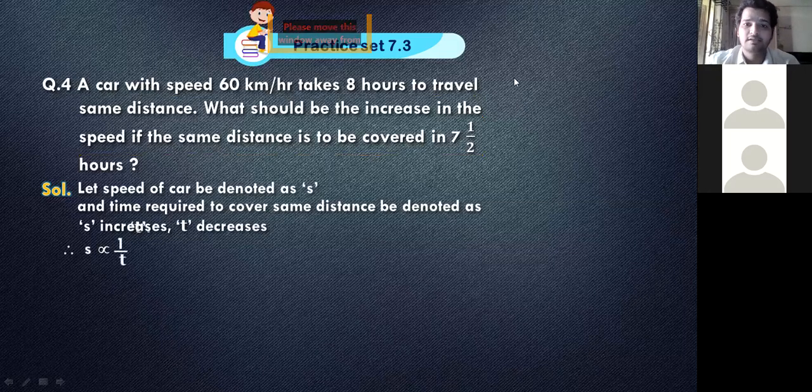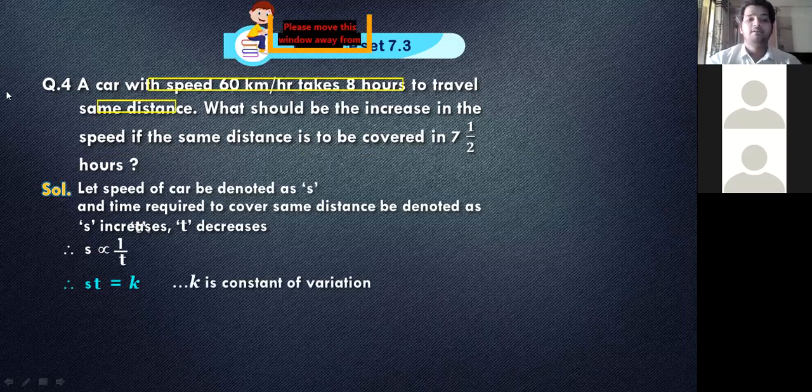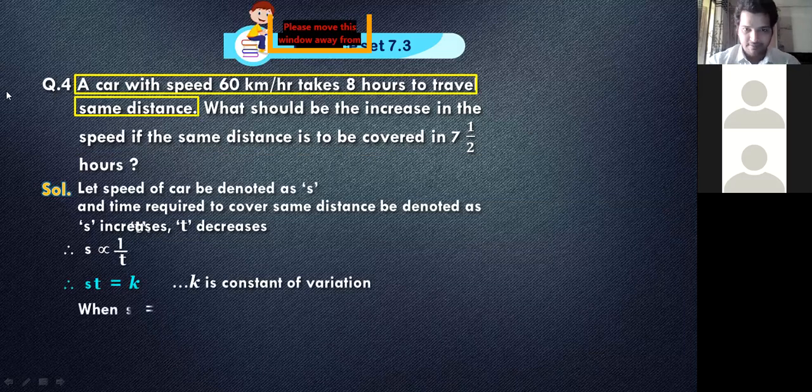S is proportional to 1 upon t. And whenever you have inverse proportion, you multiply S into t, that will give you k. Right? Now, as per the statement given, when the car speed is 60, that is S's value is 60, the time taken t is 8.